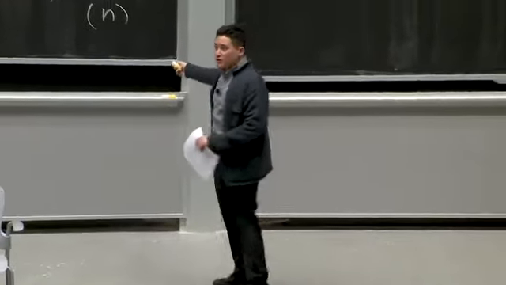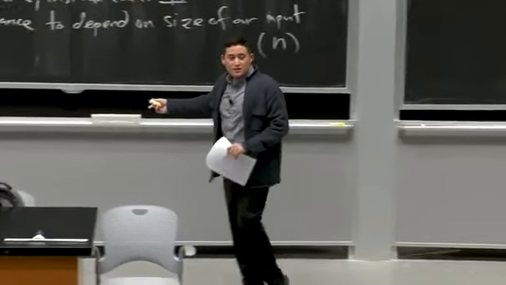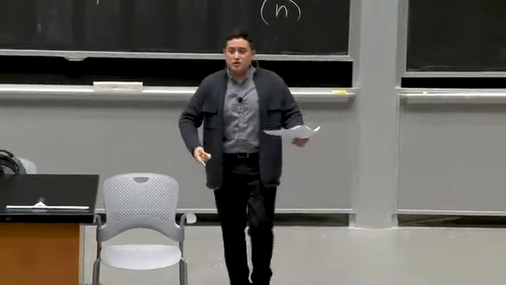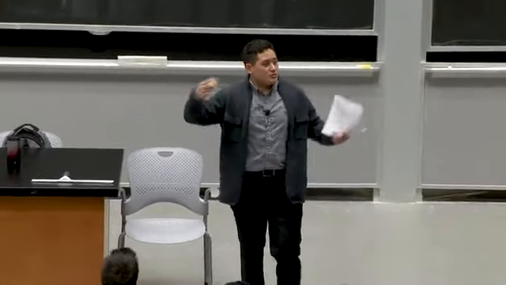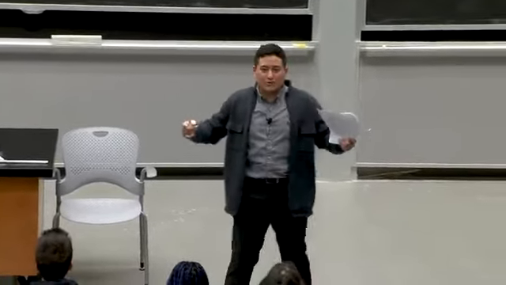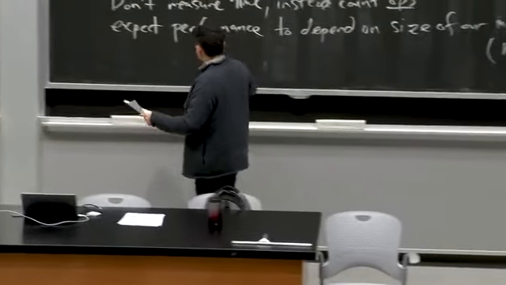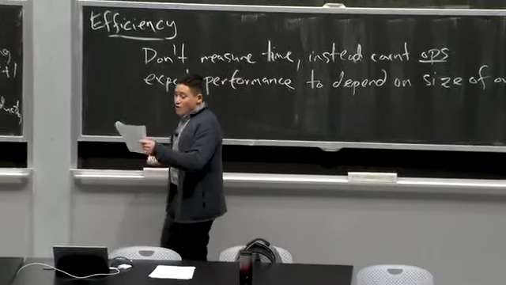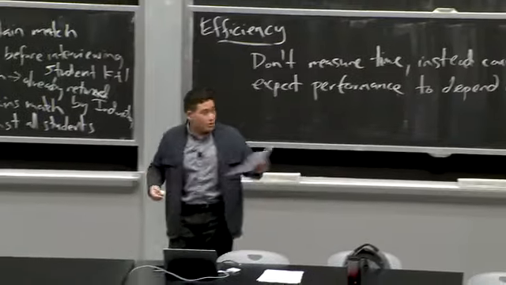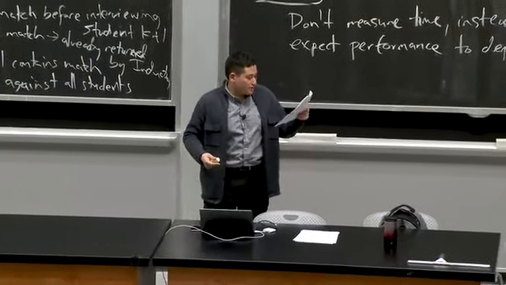So that's the size of our input in that context. Or if I give you a graph, it's usually the number of vertices plus the number of edges. That's how much space I would need to convey to you that graph. Okay, so we compare how fast an algorithm is with respect to the size of the input, right?